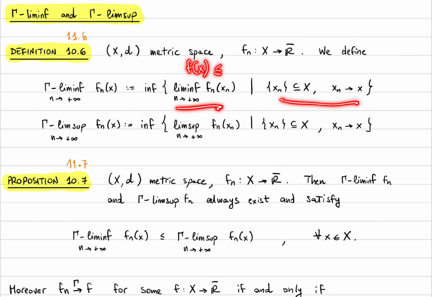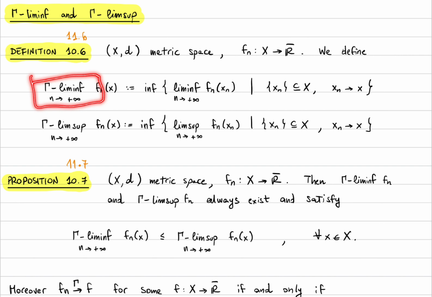Here, maybe I'm not able to find this f(x), but anyways, I can always consider the infimum of this quantity along all the sequences converging to x. And I define this to be the gamma lim-inf of the sequence Fn.